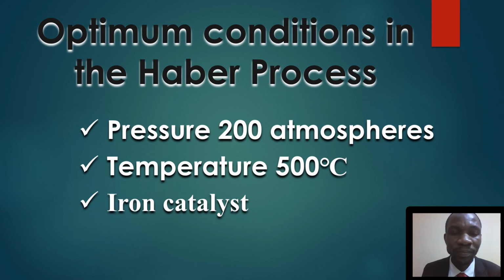Now, we have said the catalytic chamber is where the reaction occurs, and that is where we have all these optimum conditions. So in that catalytic chamber, the nitrogen and hydrogen react. So how do they react?